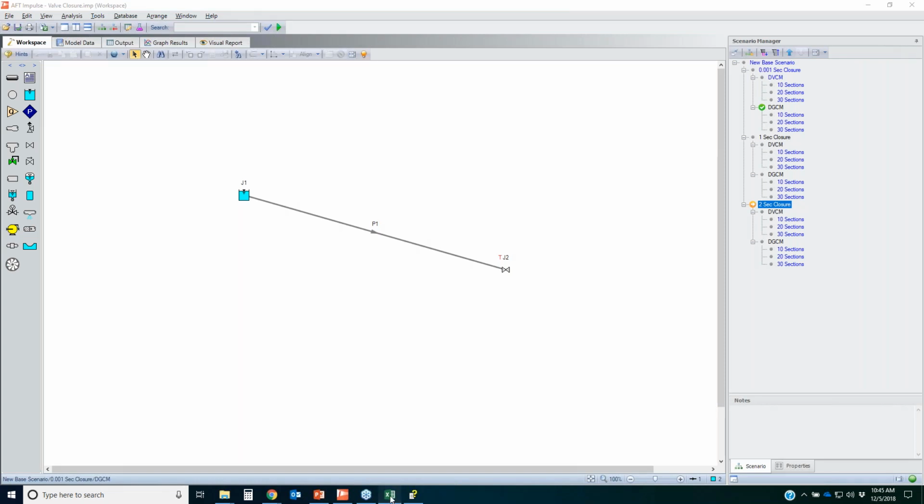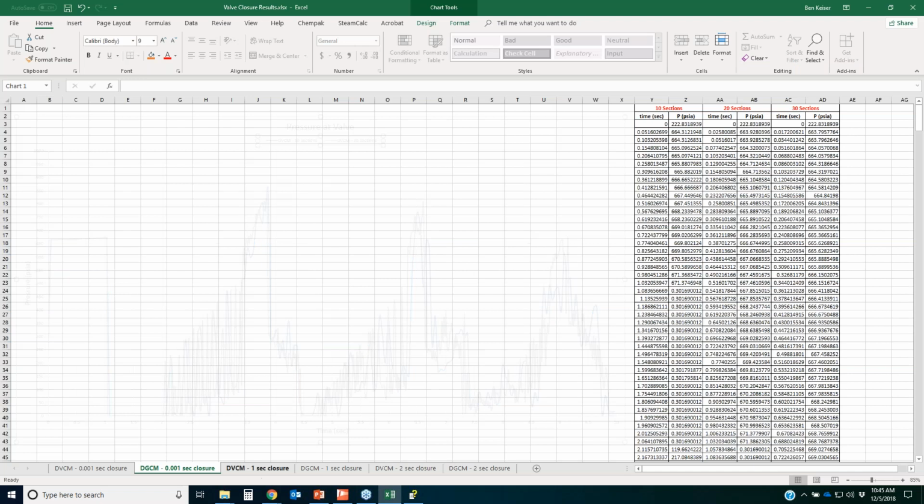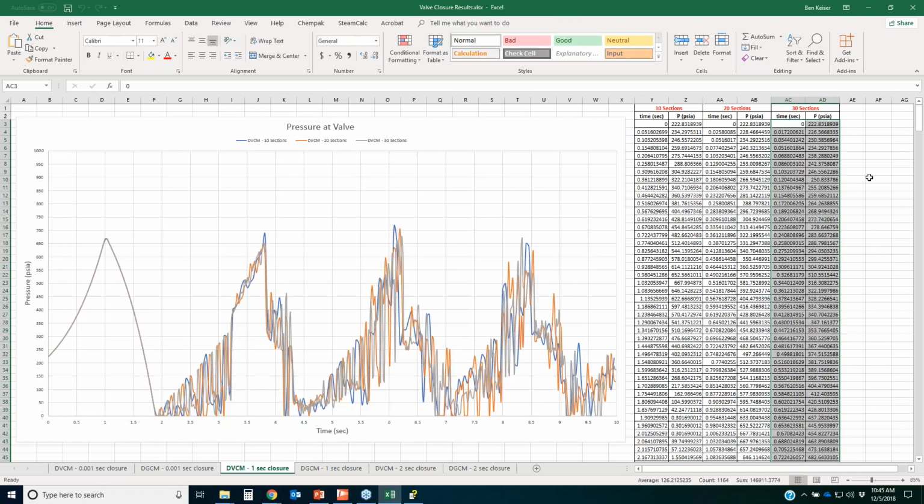So if we look at the discrete vapor cavity model for a 1 second closure, this is the resulting transient response. You can see here that the cavitation is starting to become a little bit less. It still cavitates, but not as much as it did before. Here, you can see how the maximum pressures are falling in line a lot more with what Joukowsky is originally predicting.